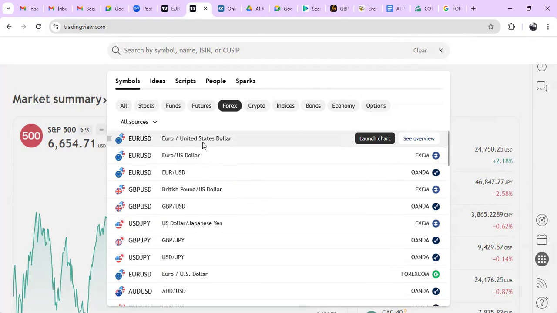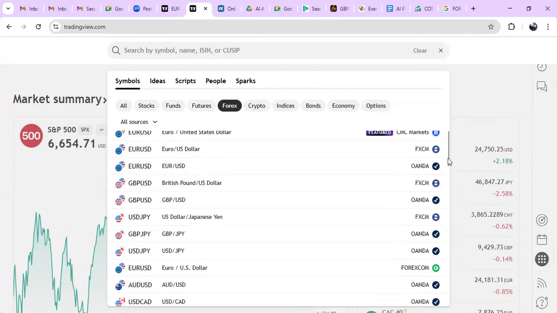You see the euro against the United States dollar. That's the European euro being traded against the United States dollar. You have the GBP against the USD, the Great British pound against the United States dollar.